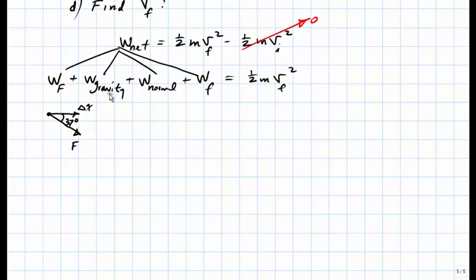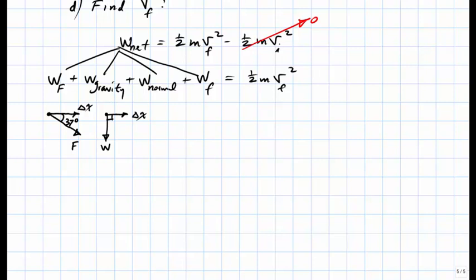The work done by gravity relates to the weight, and of course the weight is directed straight downwards. There's the weight. The displacement is directed to the right, and therefore we have a 90-degree angle between those two, and we should note that the cosine of 90 in the work equation is 0. Therefore, gravity is doing 0 work.